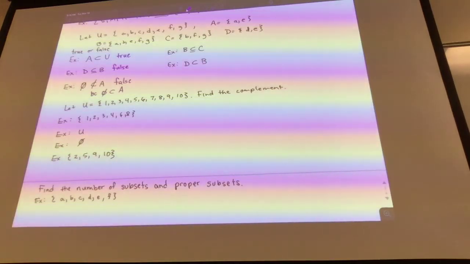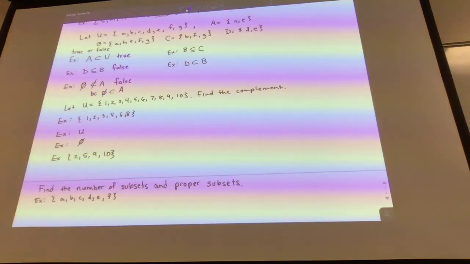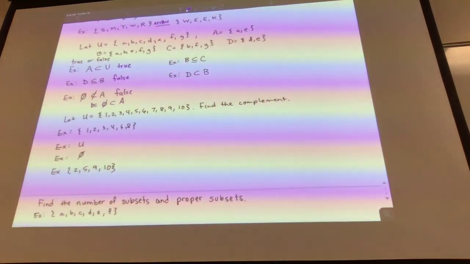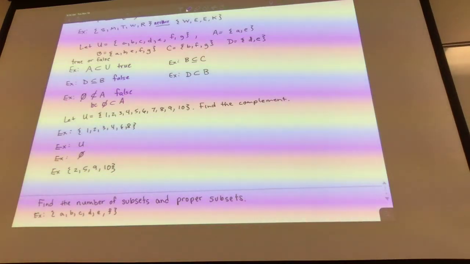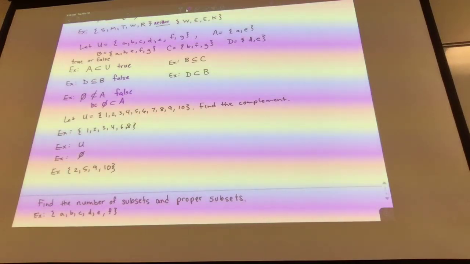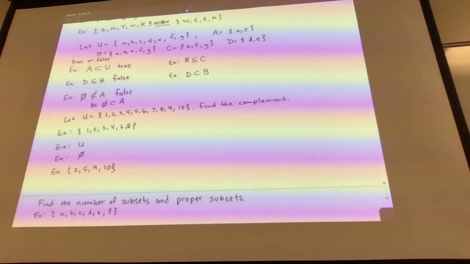Alright, and then the next one is, is B a subset of C? So check B. B is A, B, E, F, G, and C, is that in C or equal to it?